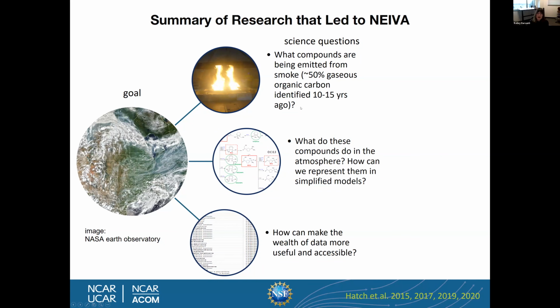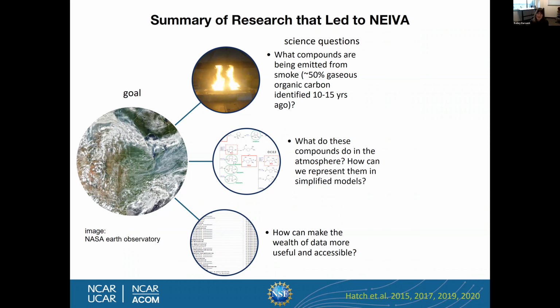And so when we started out, one of the big questions was what compounds are actually being emitted from smoke? And again, focusing on this gaseous non-methane organic carbon. At that time, there were probably a couple of papers out. Bob Yokelson had one, 2013, Karsten Warneke, I think they're both around 2011, 2013.